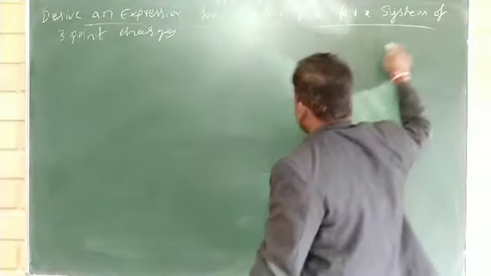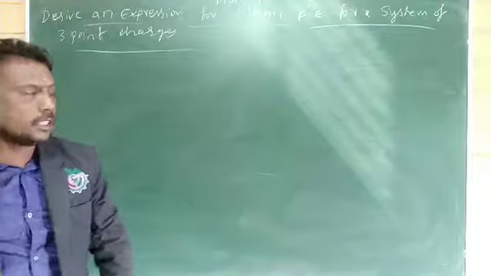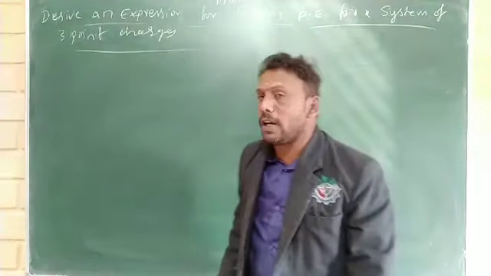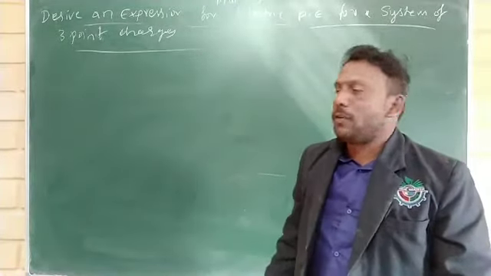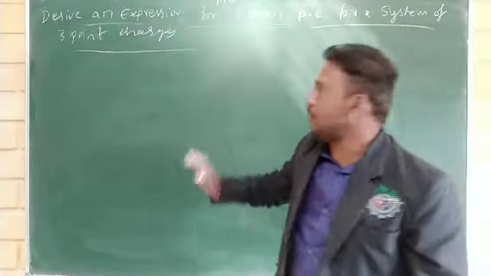Imagine Q1, Q2, Q3 are the magnitudes of the 3 point charges. Initially the 3 point charges are placed at infinity. Therefore, we find the work done in bringing the 3 point charges from infinity and assembling them as shown in the figure.